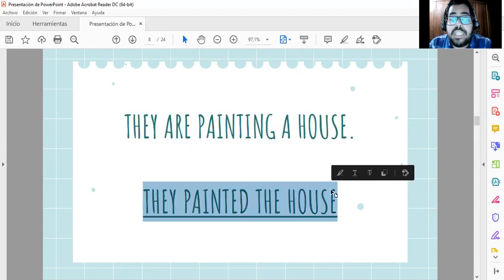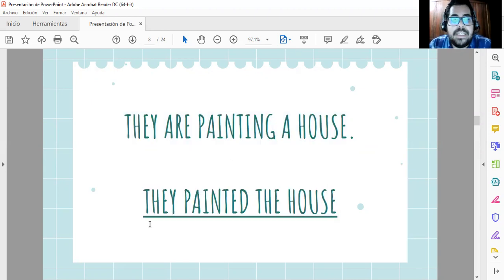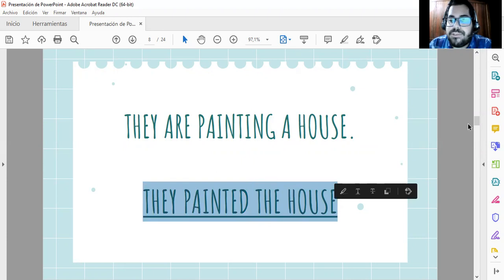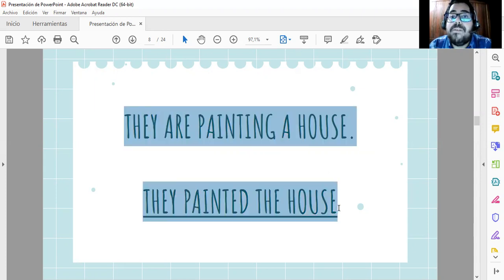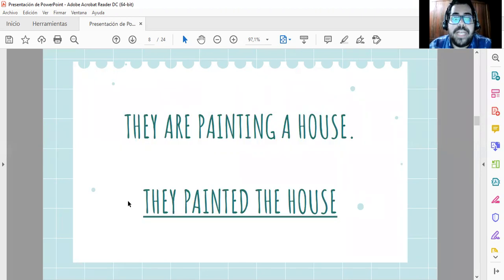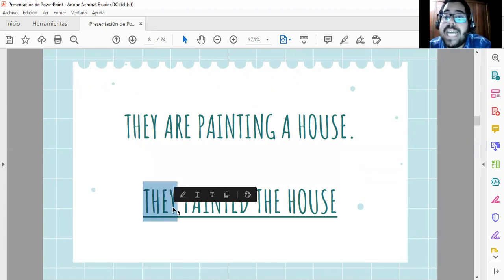Yes, this is in past tense. They painted the house. So this is what we call active voice, because we have a doer, someone that does the action. We focus on the person that does the action. So, they painted the house, and this is the normal structure that all of you know.